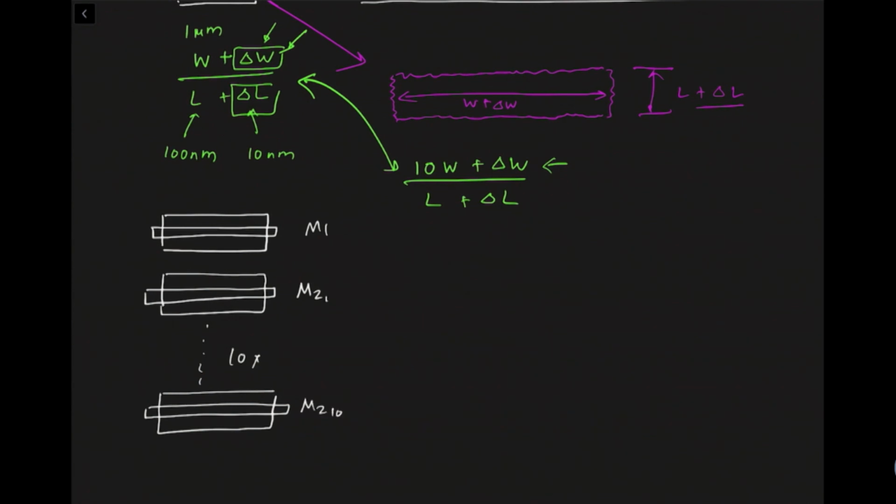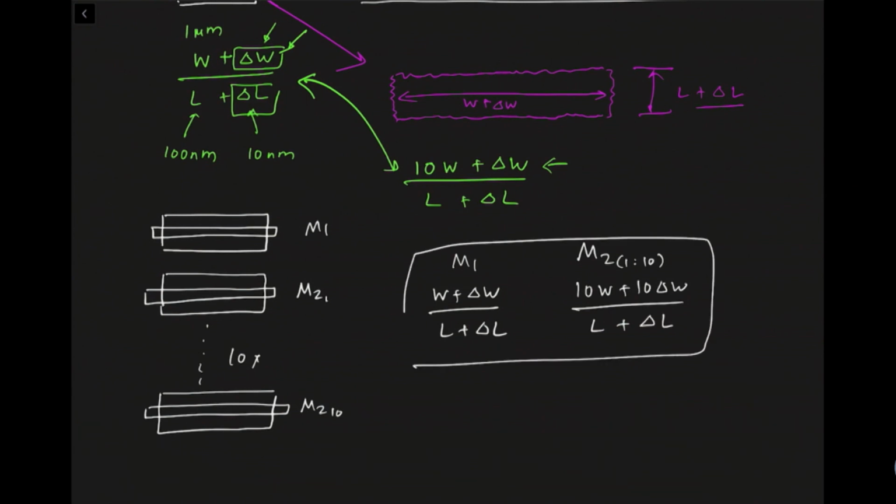So I have 10 more transistors to get this replication effect by a factor of 10. In this particular case, your M1 will have W plus delta W divided by L plus delta L, whereas if you look at the cumulative effect of 1 to 10, then you will have 10 times W plus 10 times delta W divided by L plus delta L. This way I can get a much more accurate ratio of a factor of 10 when you desire a certain ratio.